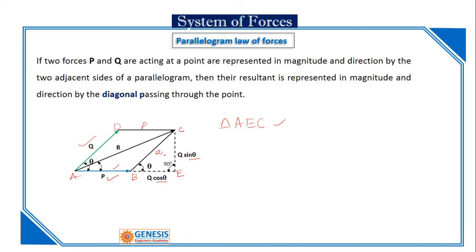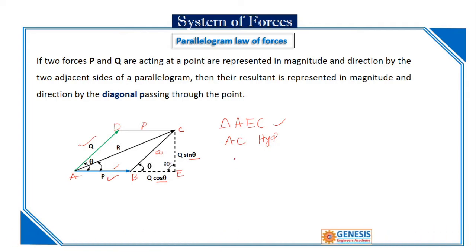So from this right angled triangle, AC becomes the hypotenuse, and these two sides become the adjacent side and opposite side for this angle.